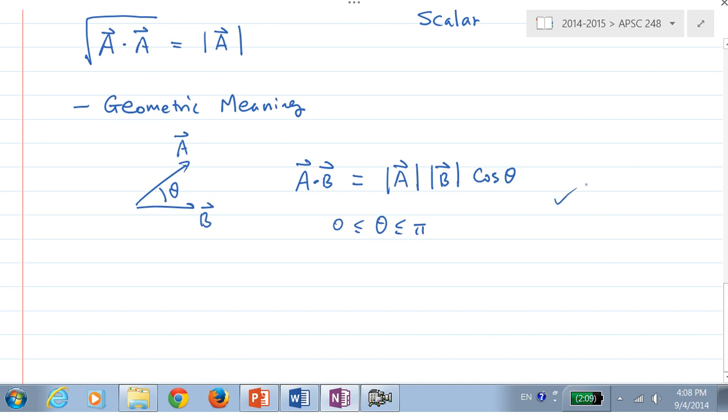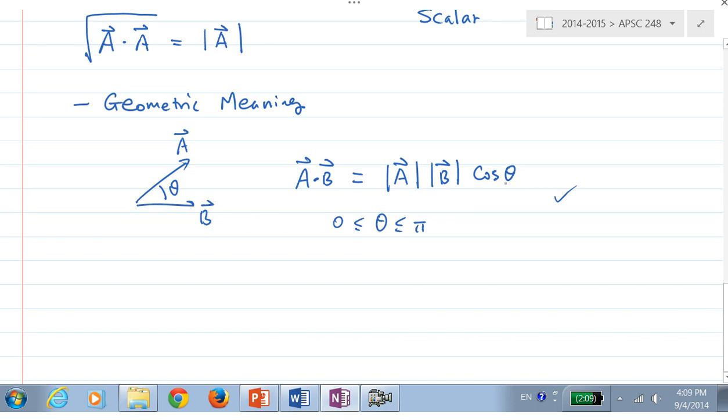I would recommend you memorize this. The other way is, if you know A and you know B, the alternate question is what's the theta between the two vectors, right? From this formula, it's pretty simple.